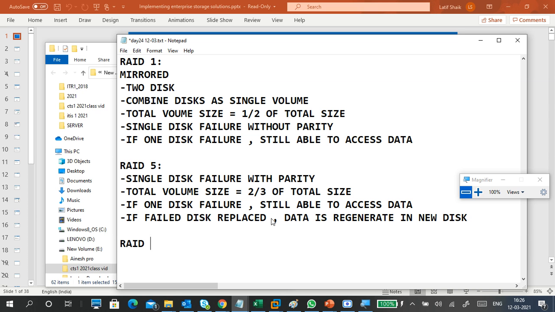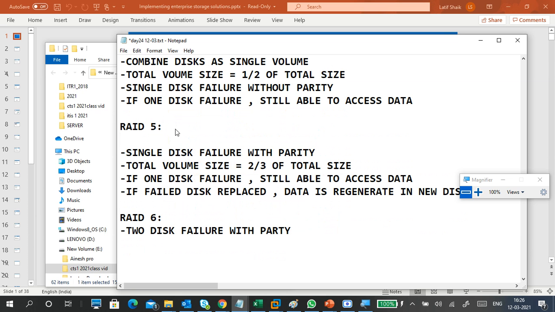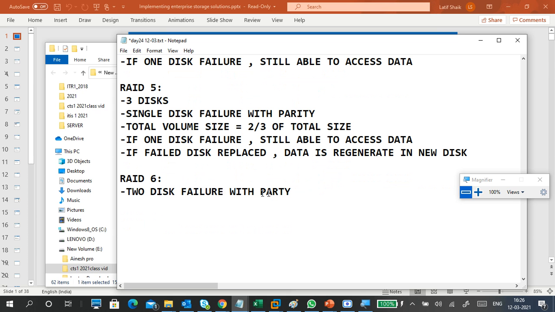Of course I said RAID 6 is also there. RAID 6 has no difference from RAID 5, same as RAID 5, but it is a 2 disk failure with parity. Here we use 3 disks, and here we use 5 disks.